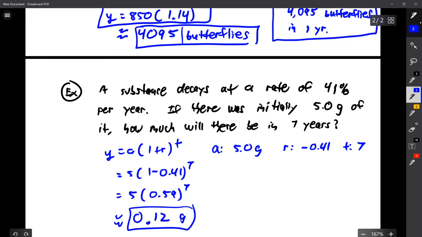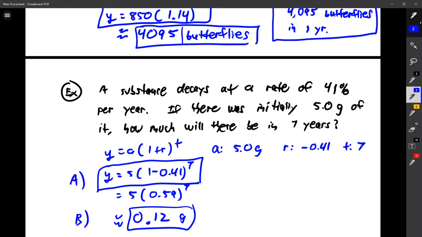That's how much will be left. So that'd be like my part B answer. This would be my part A answer. This is my equation for this situation. So part A would be that, part B would be that, and then part C would be to write it out in a sentence. Something like, there will be 0.12 grams of the substance after 7 years. Something like that.